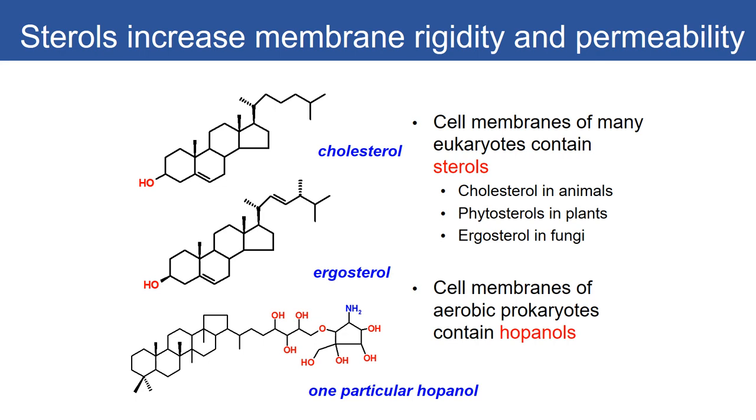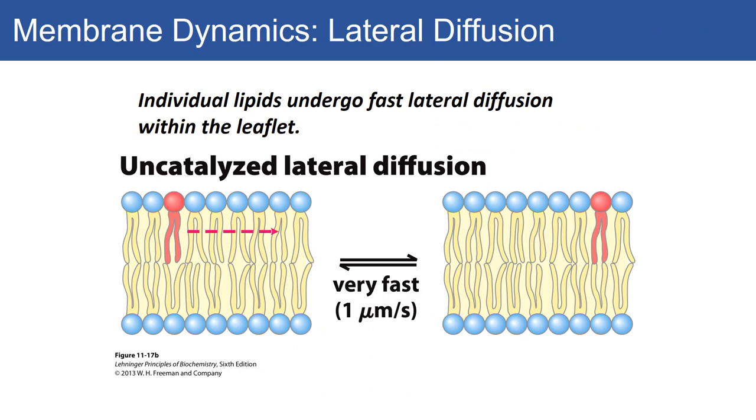The more cholesterol you have, the more membrane rigidity and the more permeability we have. Okay, those are both very important points: membrane composition and how cholesterol affects membrane rigidity and permeability.